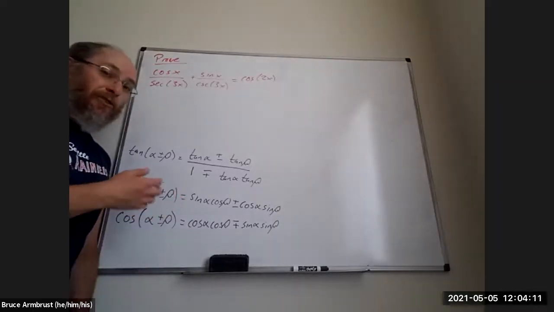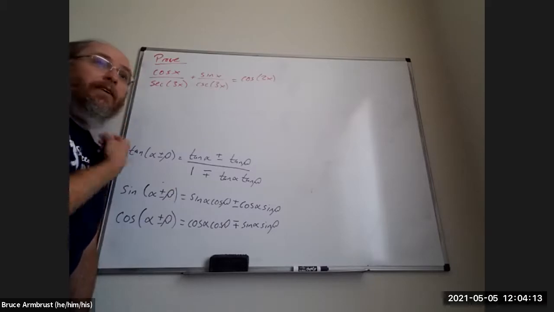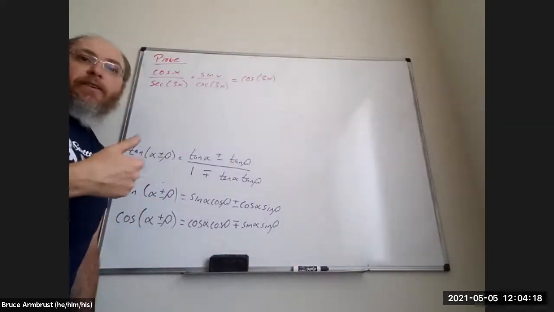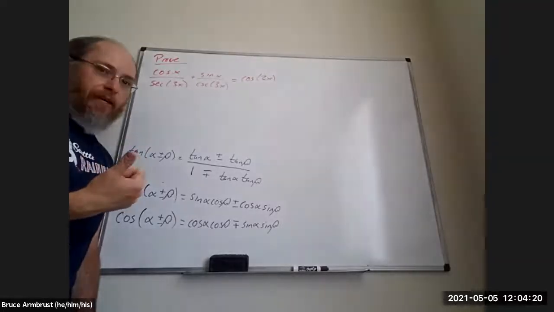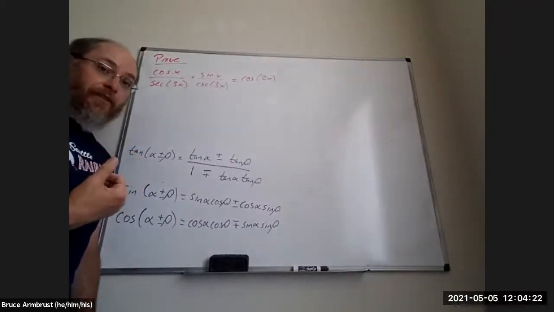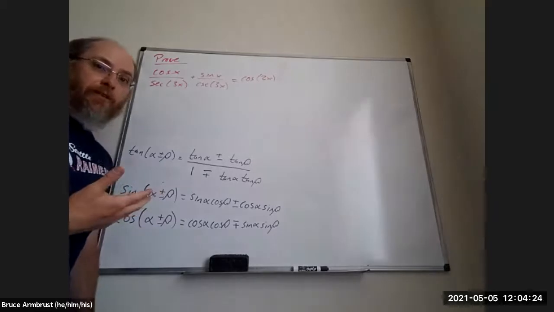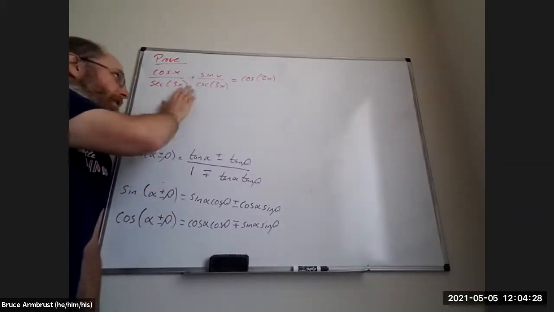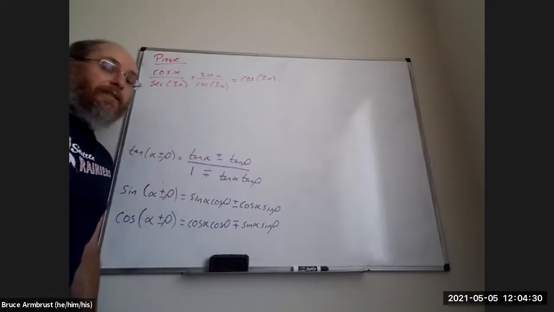I gave you some general ideas, some things that can be helpful. The first was turn everything into sines and cosines. If you've got the other functions, turn them into sines and cosines, and that can help. That's something we could do here for sure, because we've got a secant and a cosecant.